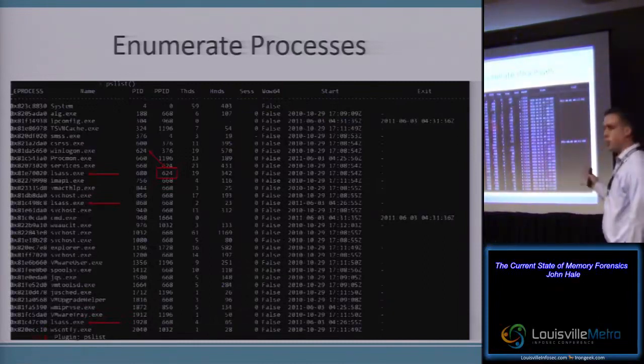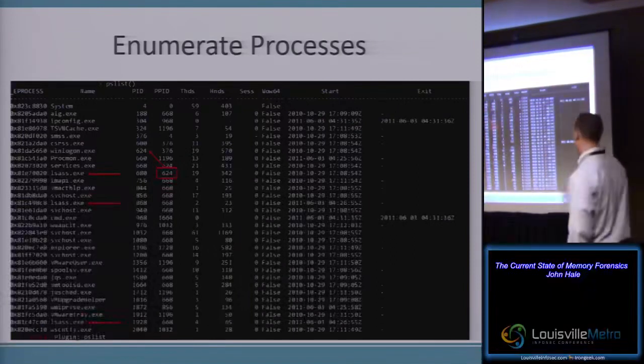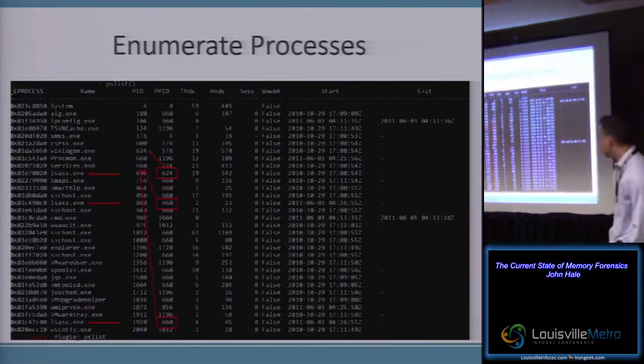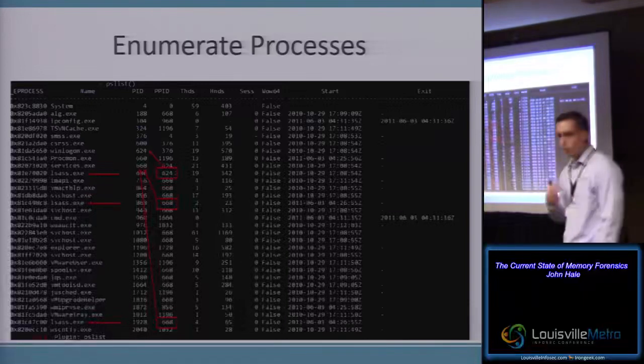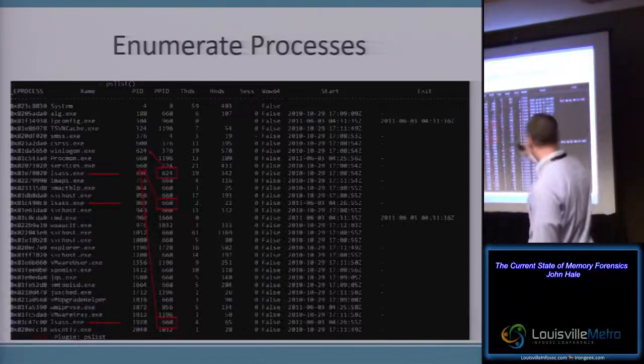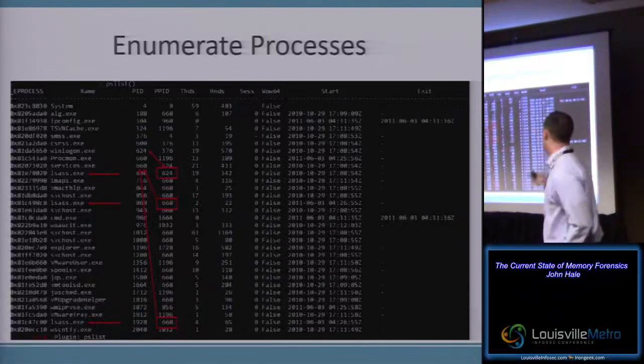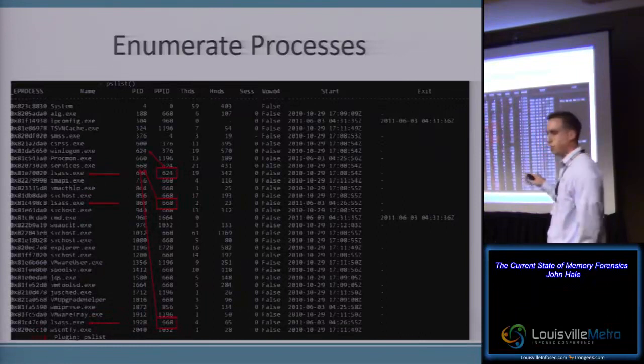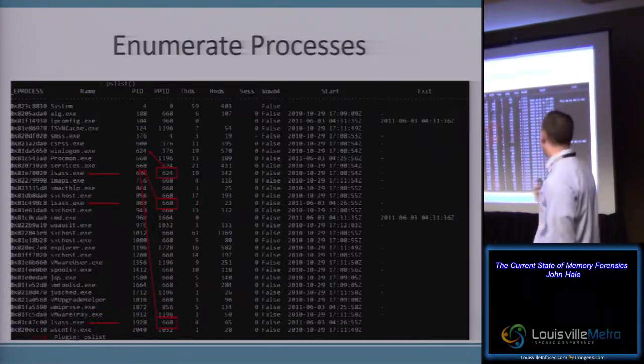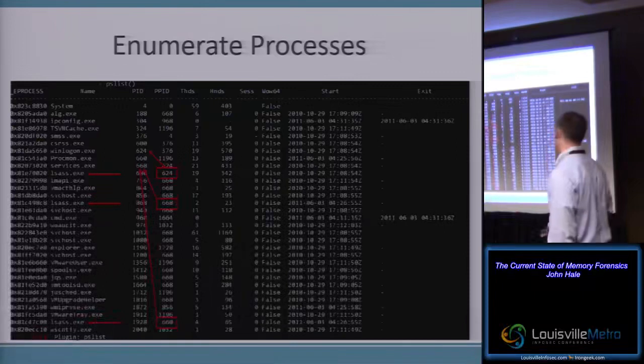So depending on the version of operating system, this may be normal. If we look at the parent process of these other two, we see that PID 668 is services. Now services should not be starting LSASS. So just looking at the parent process, these bottom two LSASS processes are really starting to stick out as being potential problems here.